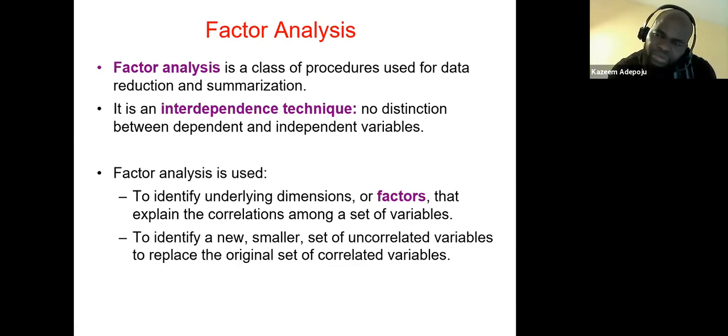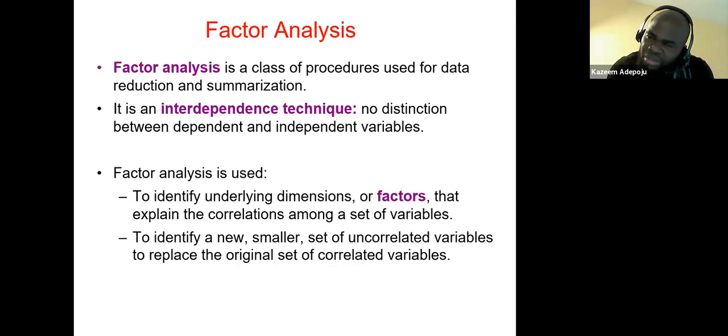We believe a particular factor or factors contribute to the occurrence of that. That is the reason why in factor analysis, we want to identify underlying dimensions, an underlying set of factors that explain the correlation among a set of variables.